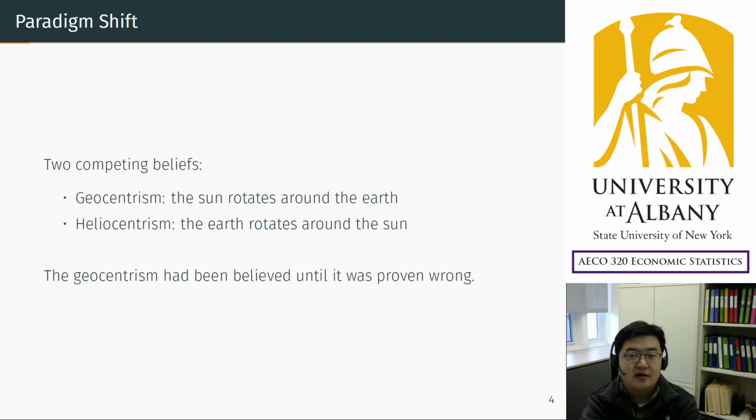Think about the paradigm shift. You may have heard about this paradigm. The term paradigm in the history of science is a well-known concept. It means that, for example, there are two competing beliefs in the old days. Geocentrism is that the sun rotates around the earth.